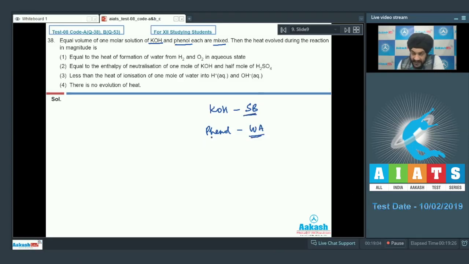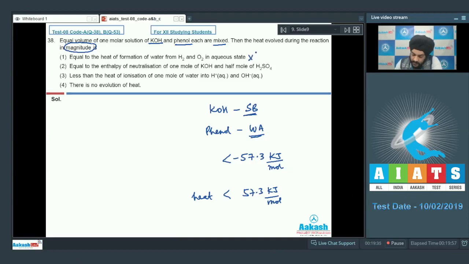So when these are reacted, the heat of neutralization shall be less than minus 57.3 kilojoule per mole, which is the heat of neutralization. The examiner seems to be interested in the magnitude, so the heat shall be less than 57.3 kilojoule per mole. Now if you look at the options, the first is equal to the heat of formation of water from H2 and O2 in aqueous state.